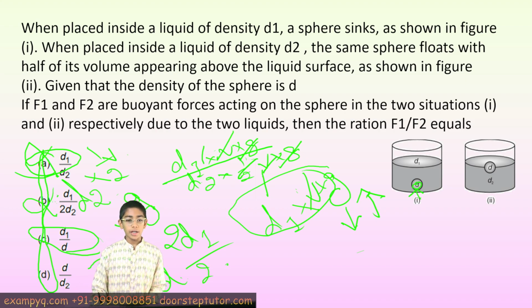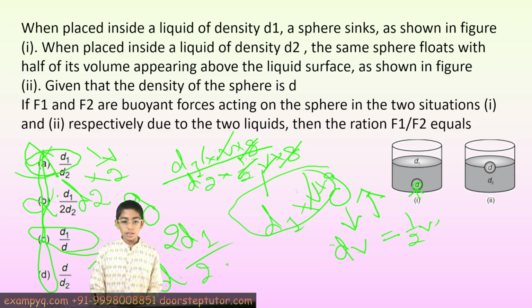So we can equate this as mass into gravity. Let the mass of the sphere be density into volume. So d V g, that is d into V, is equal to 1 by 2 V into d2 into g.